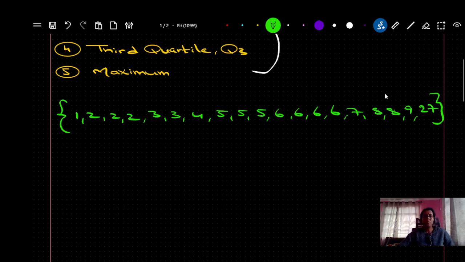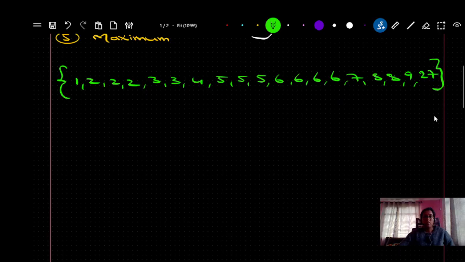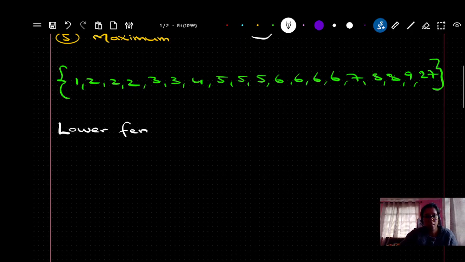So this is why we use the 5-number summary. Let's take a look at how we are going to go about. There are two things, something called the lower fence and the higher fence.